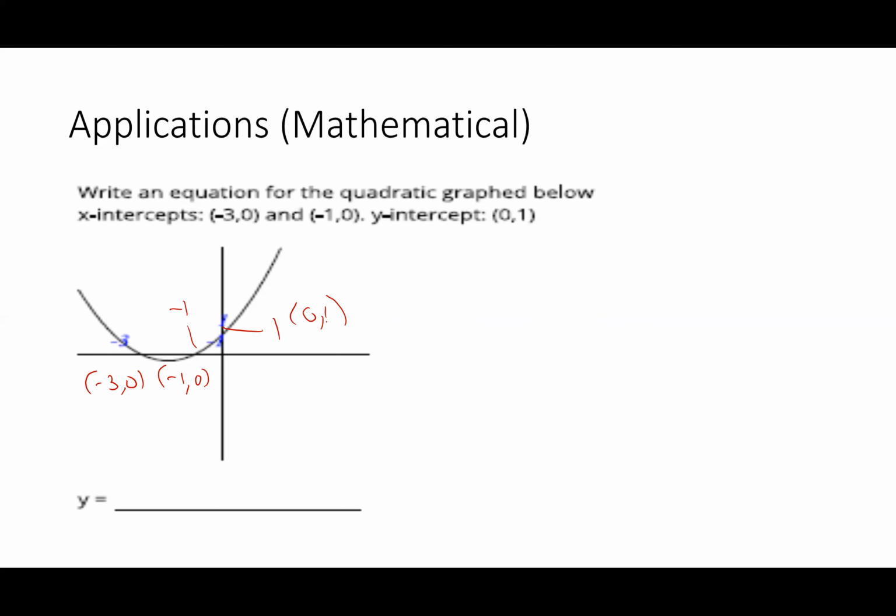All right, so based solely on this picture, I found that intercept form is the most straightforward one to work with. So I've got a times (x minus p)(x minus q). So right out of the gate, I see that p is -3.